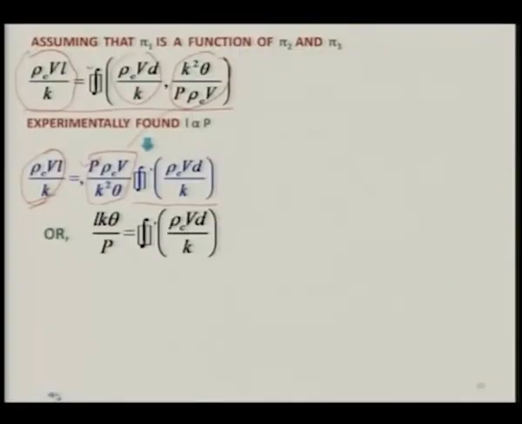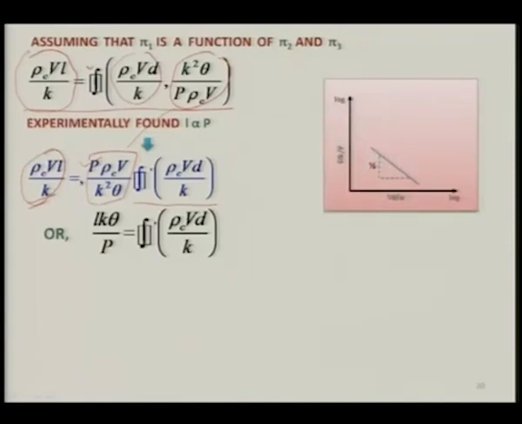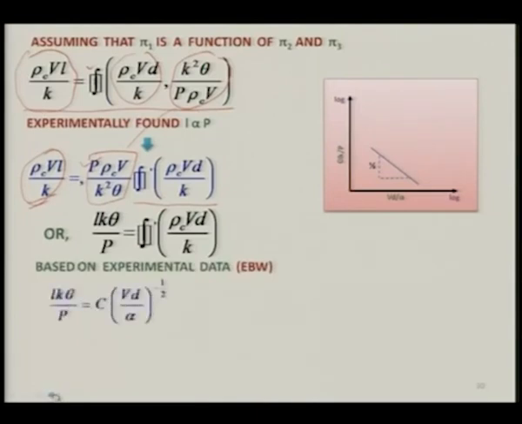So they have plotted the relationship between theta L k over p and v d over alpha, and based on experimental data of electron beam welding, they have found that L k theta over p is equal to c times v d over alpha raised to power minus 1 by 2, where alpha is equal to k over rho c, the thermal diffusivity, and c is equal to 1.